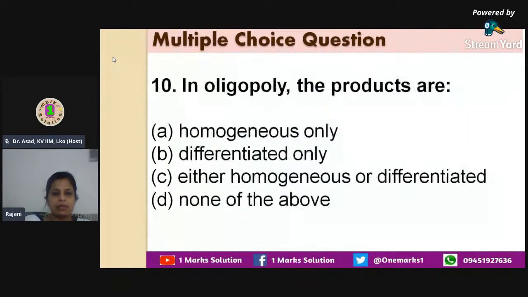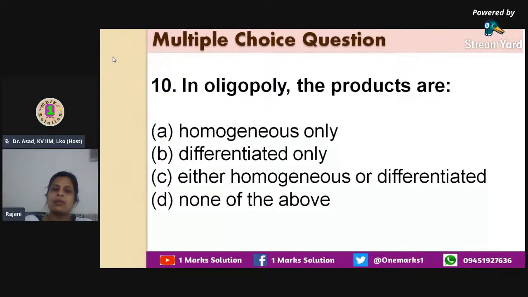Okay, coming to the next point. In oligopoly, the products are... What is oligopoly? A few large firms with many buyers. They can produce homogeneous products, or they can produce differentiated products. Option C is either homogeneous or differentiated. Option D is none of the above.